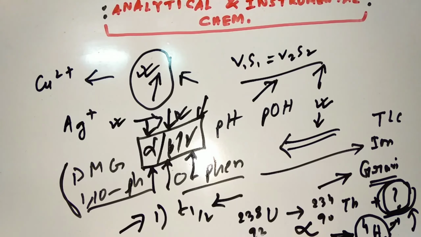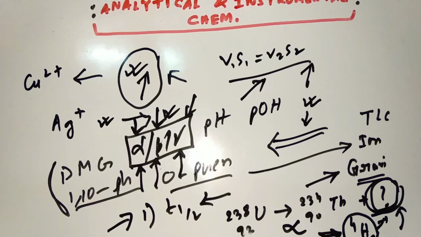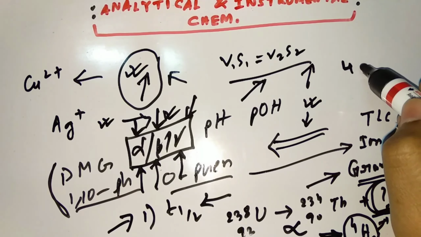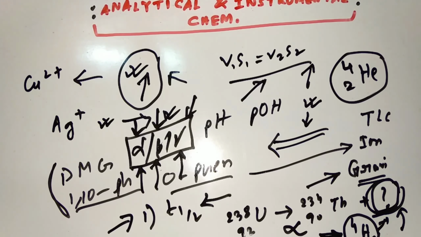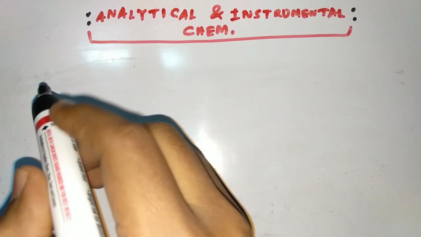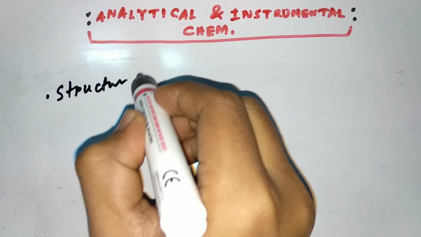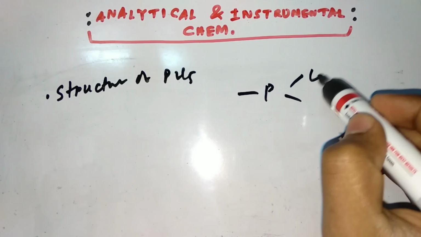There may be 4 different options given, and from there you just need to pick the right option, which will be helium 4, 2. So this type of questions you may face. Next, coming to applications of isotopes, there may be questions like the structure of PCl5, because PCl5 has this kind of structure.